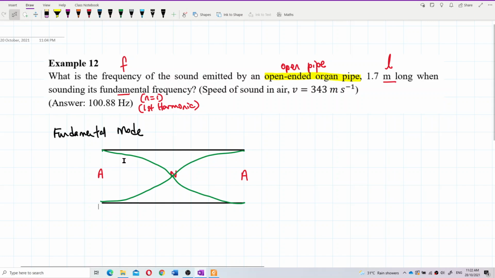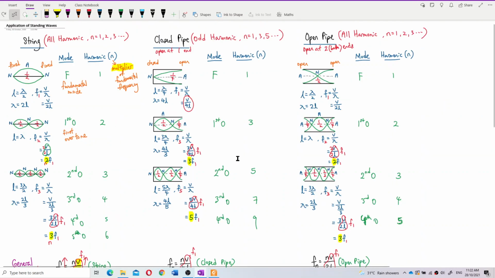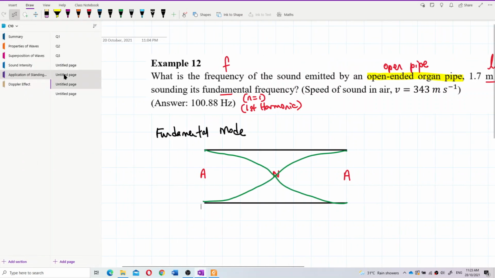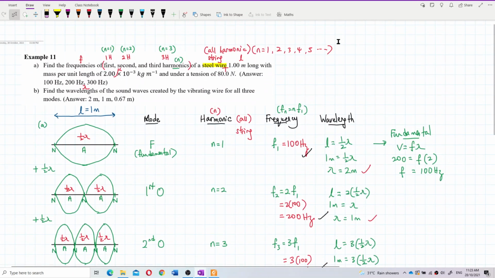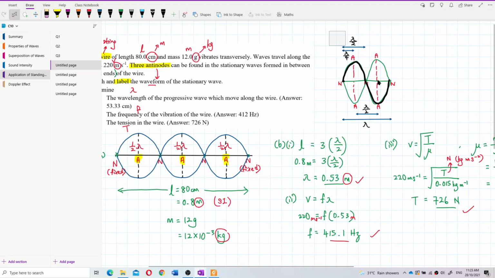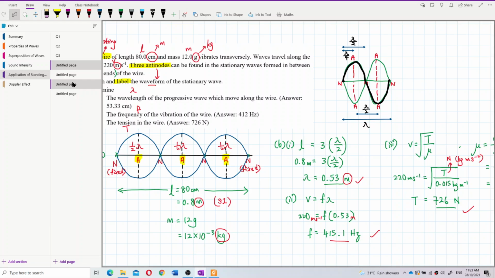And we know that from antinode to node, how far is it? It's one quarter wavelength, just like the example before. Remember this one?